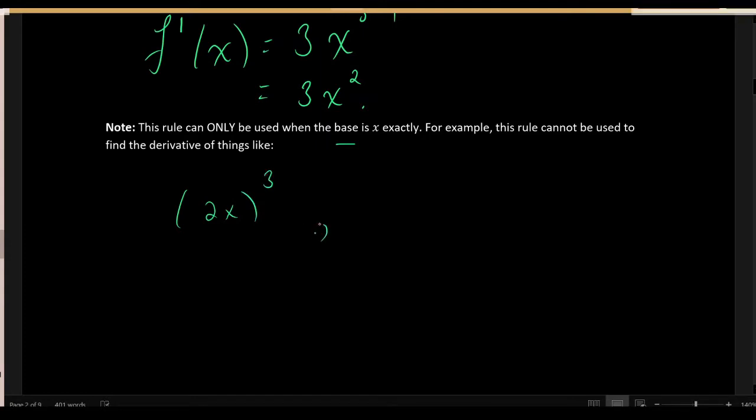You cannot use this rule if you're working with something like sine of x to the power 2. You cannot use it if you're working with something like x plus 4 to the power 7. And so on and so forth. If you have anything except for x for your base, power rule is not what you need to use. We will be introducing other rules that can be used for situations like this one.